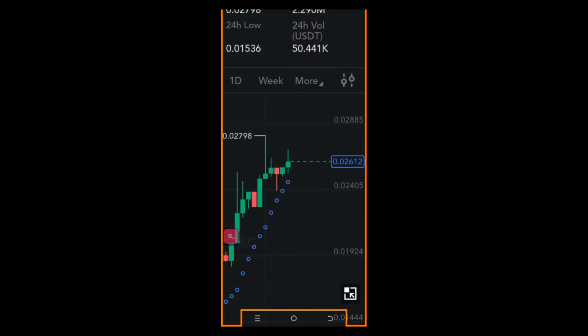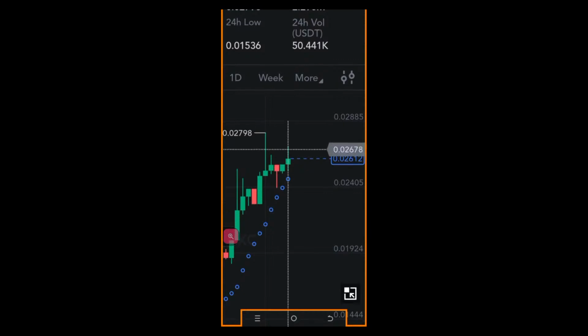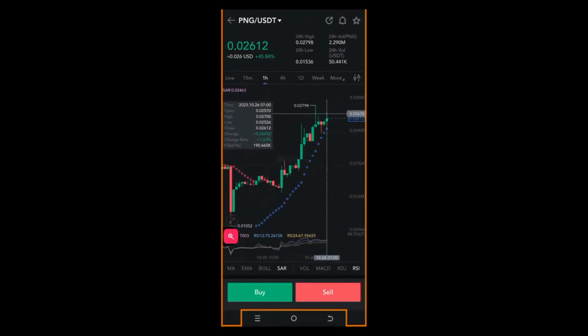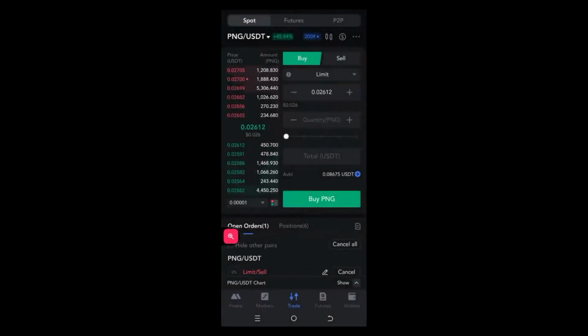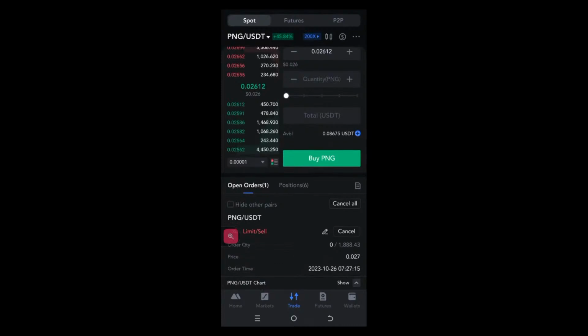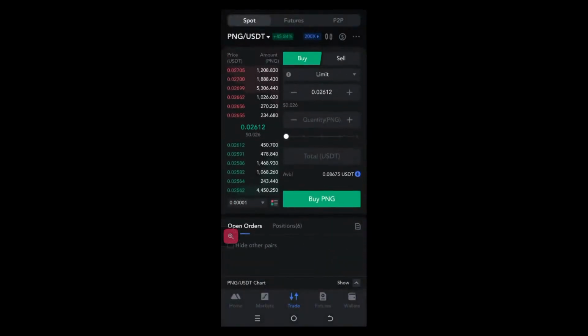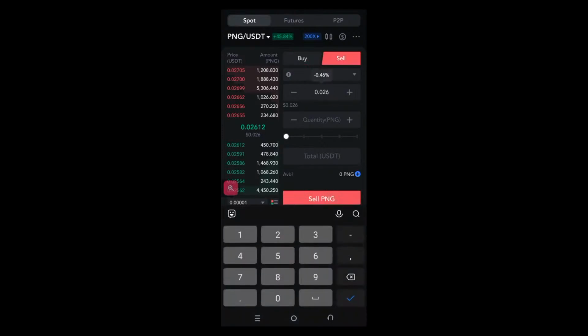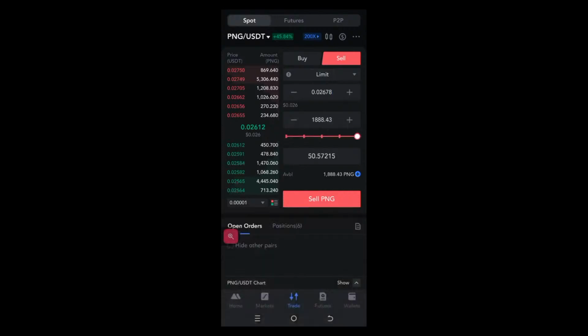It went to 2.7. Let me see where it went to. It actually went to 2.678. Okay, let me check what that is. If I put 2.678, I'll cancel it out and see what that would give us. 2.678, and let's see, 57 cents.